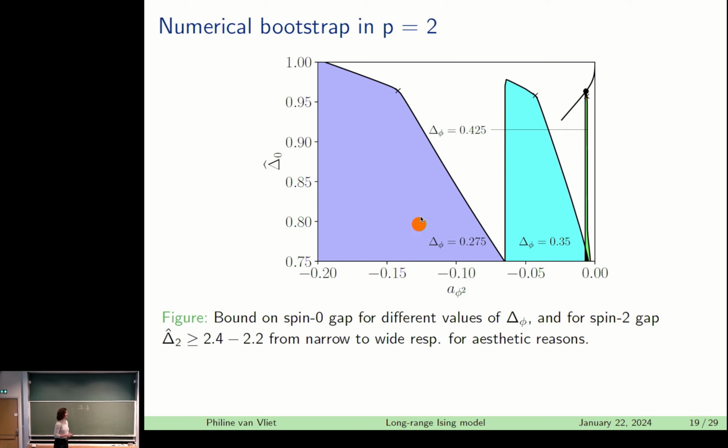So the feature that we see is that there are some kinks, some discontinuities appearing on these bounds. And in general, in the conformal bootstrap, this indicates that there is some conformal field theory living exactly on these kinks. So we want to see if these indeed correspond to the long-range Ising model, which we then would expect.